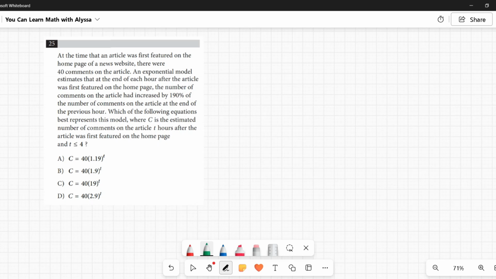That's not the case on this one, but I just draw your attention to that wording, best represents. Always be on your guard, because a lot of times it'll mean there'll be one that kind of works, but then there's one that's better. Not here, just be on the lookout.